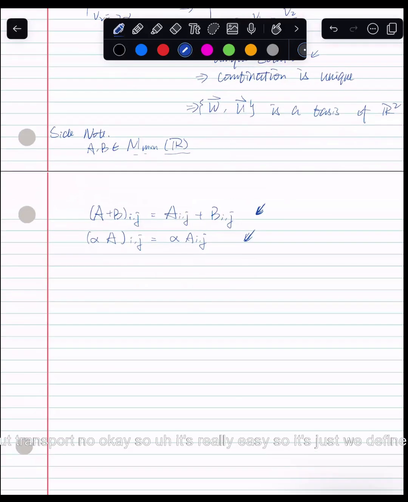Did you learn about transpose? No. Okay, so it's really easy.